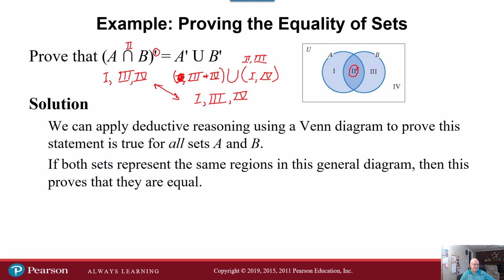Are the regions the same? Yes. Both those regions that looked complicated to begin with all have regions 1, 3, and 4 all put together. And that sort of proves it. It's not a real proof, frankly, but good enough for us.